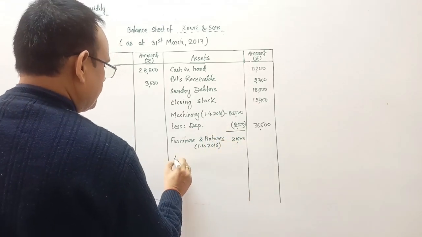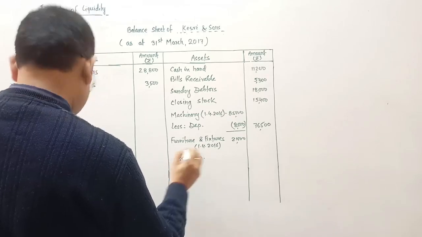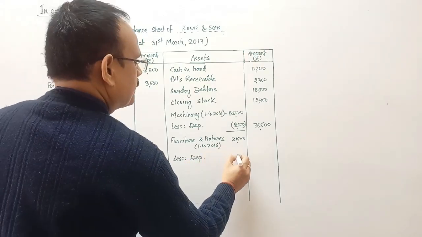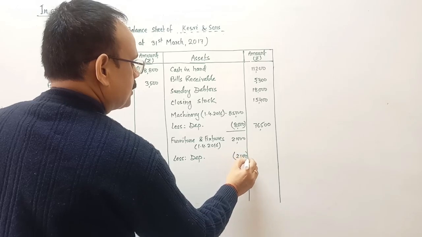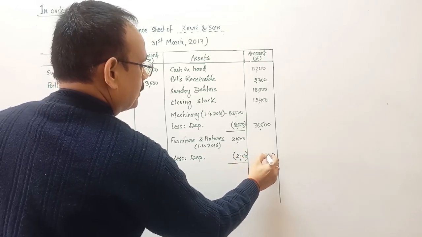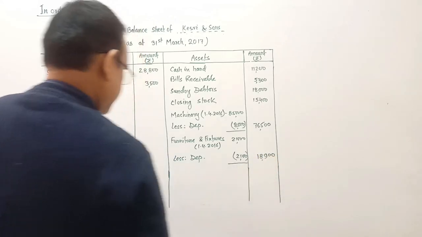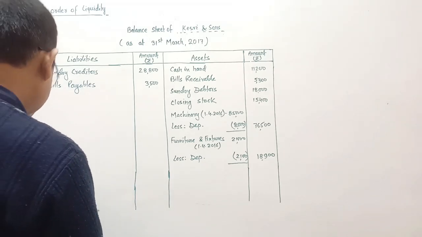You deduct the depreciation from this amount. Depreciation on furniture is 2,100. So deduct it and write it in the outer column. 18,900.